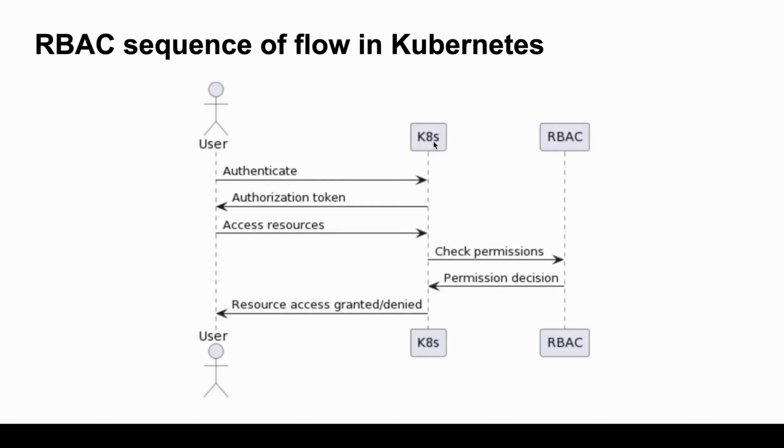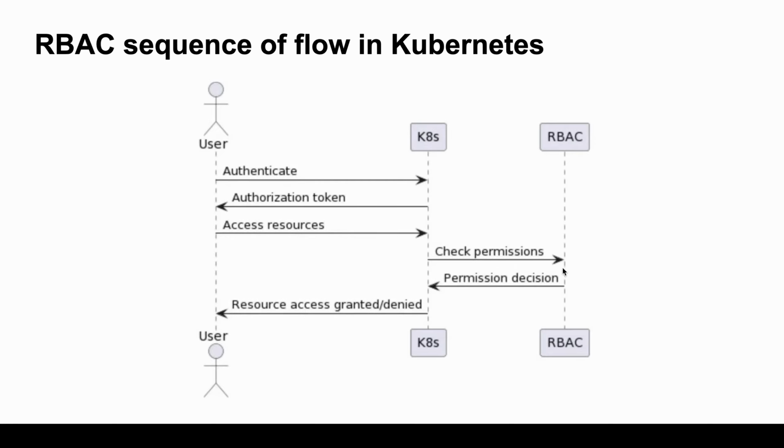After that, if we have implemented RBAC, then the RBAC policies will check permissions, like what all permissions have been assigned to this user on which he or she can perform actions.